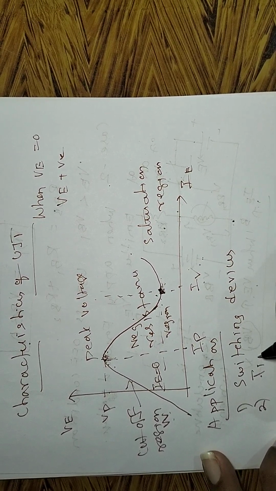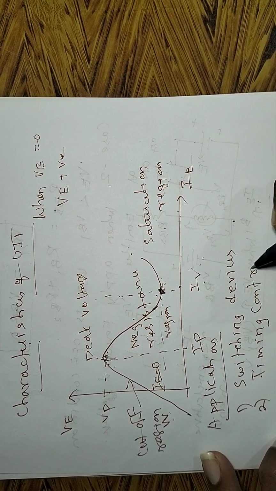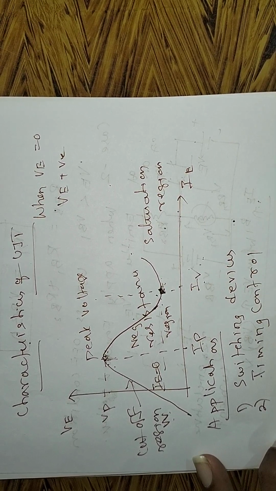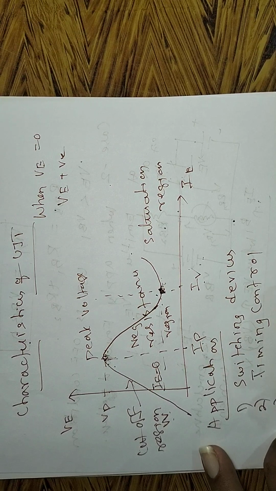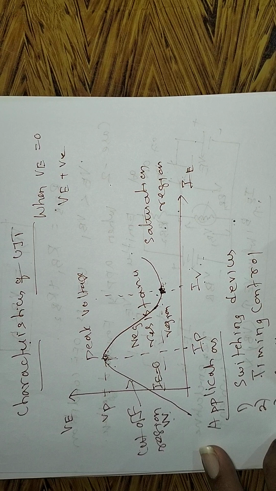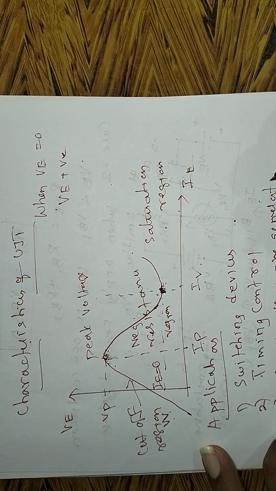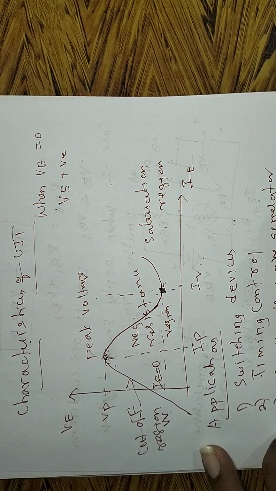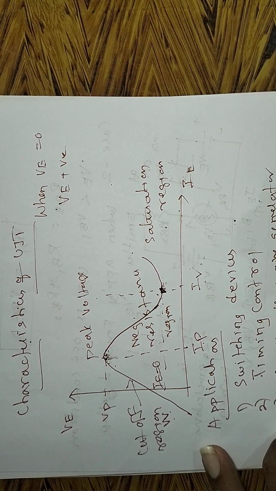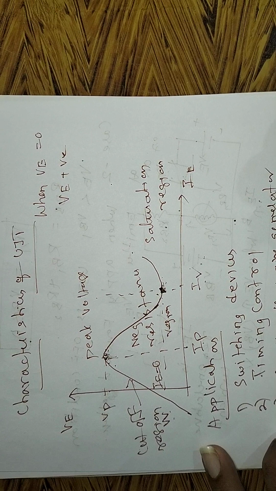Then timing control, then it is used in sawtooth wave generators, and in the UJT relaxation oscillator.